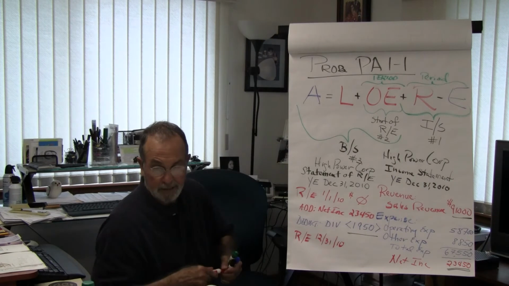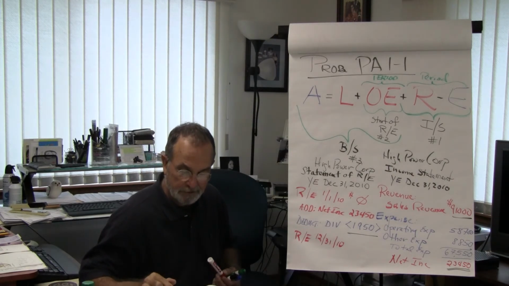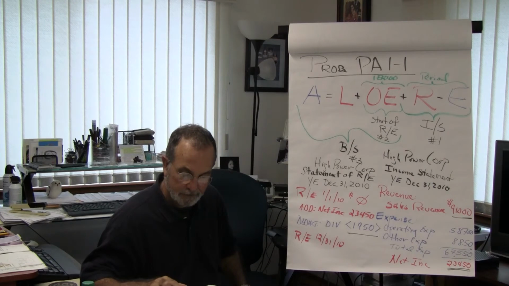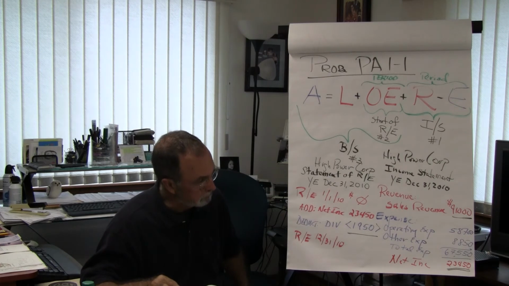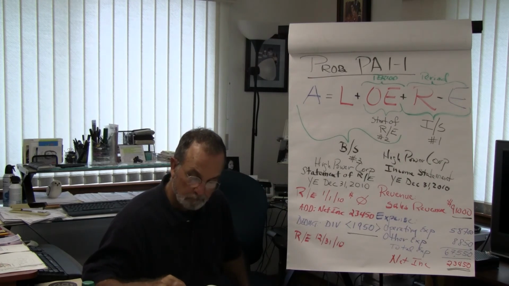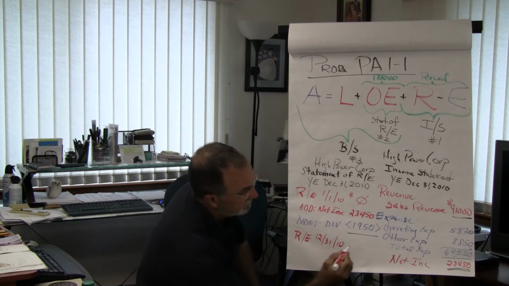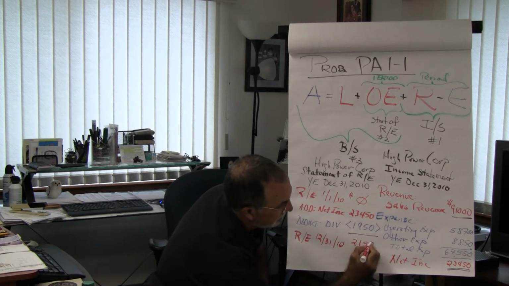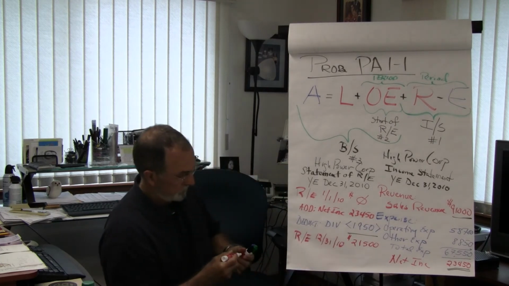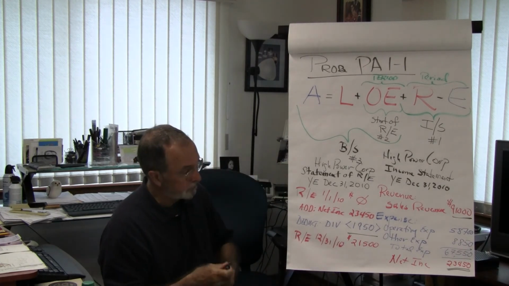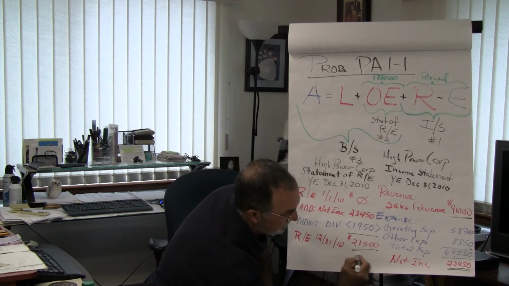Let me make sure I get this correct. $21,500. So again, our retained earnings balance at the end of the year is $21,500.